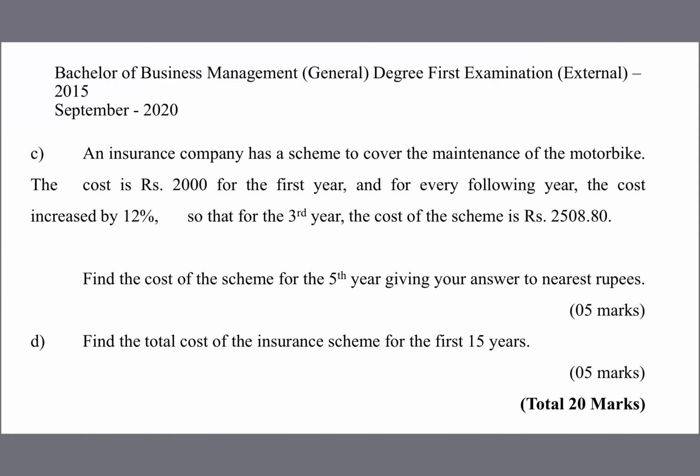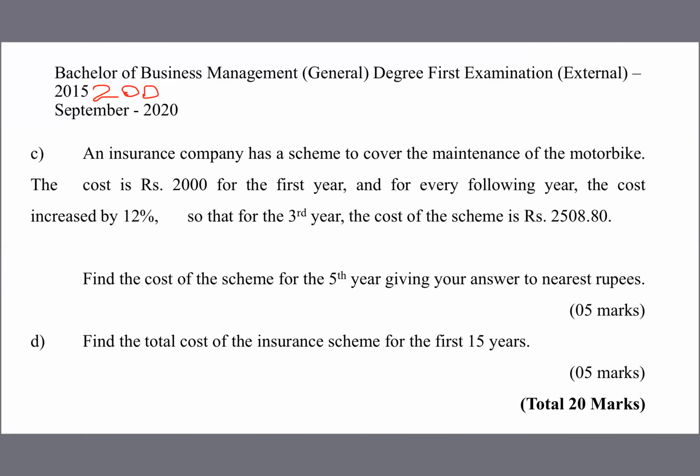So again, go through the insurance company has a scheme to cover the maintenance of the motorbike. The cost is 2000 the first year. That means we know it's starting that series from the 2000, right? Shall I write here 2000? And every following year cost increased by 12%, right?